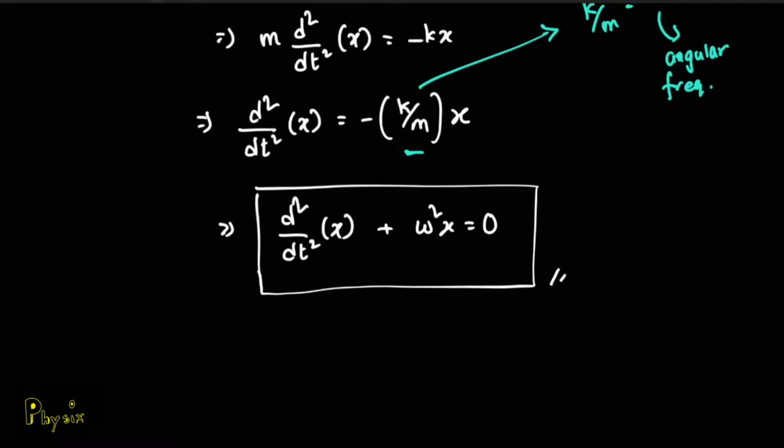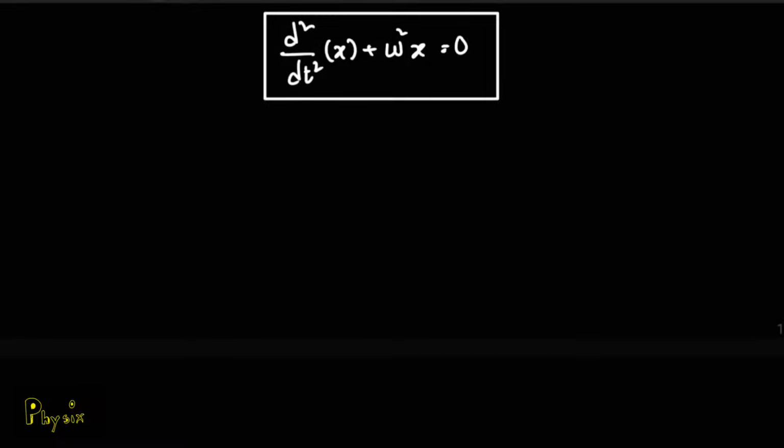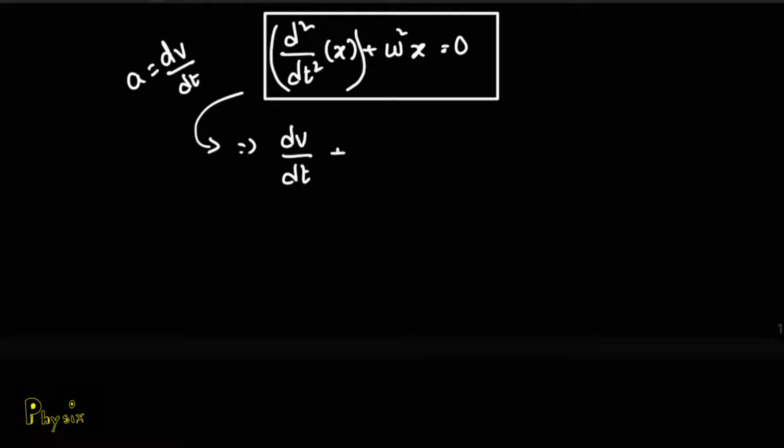But we actually want to simplify this. This entire function can be written as acceleration, which is the second derivative of the position function. And acceleration can be written as the first derivative of the velocity function. So we write this as dv/dt plus omega squared x equals 0.